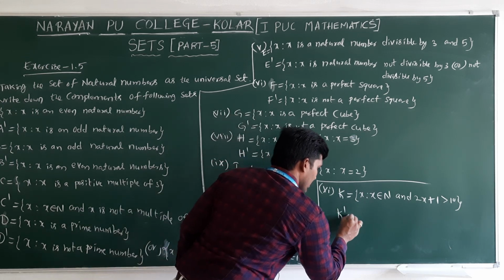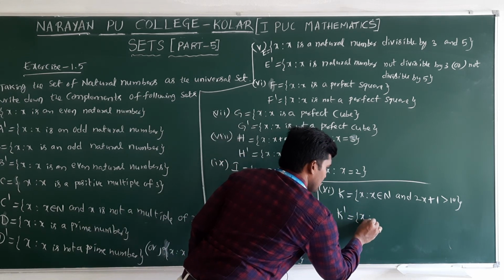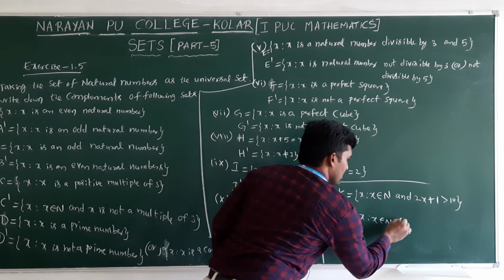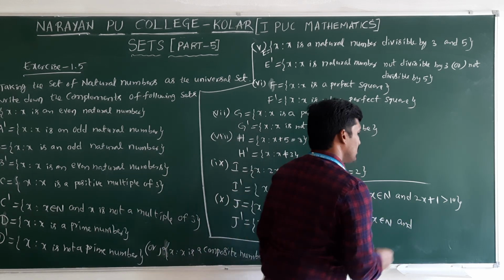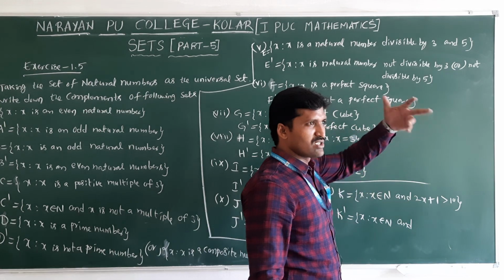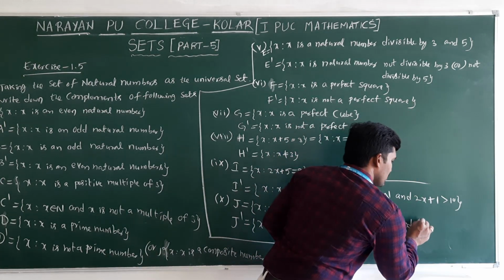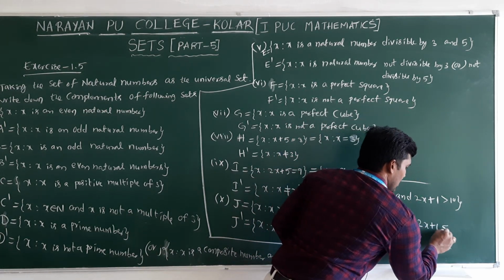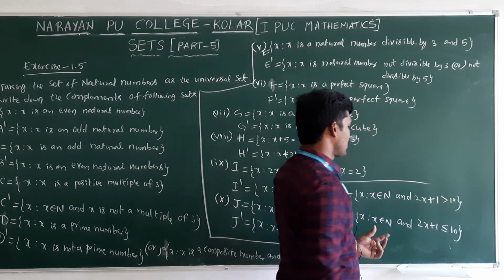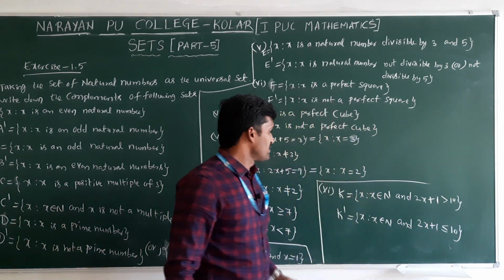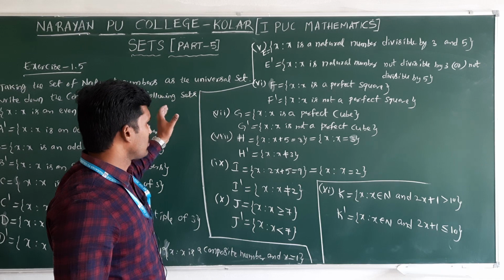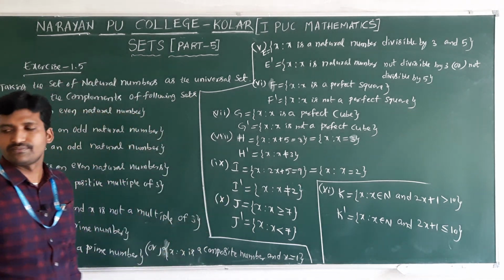K dash we can write: x such that x belongs to N and, for greater than, the complement opposite is what? Less than or equal to. So 2x plus 1 less than or equal to 10. That is the complement of this given set. So there are 11 questions. For each set we are writing the complement of the set.